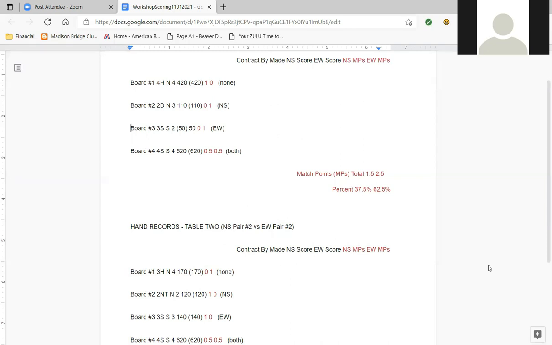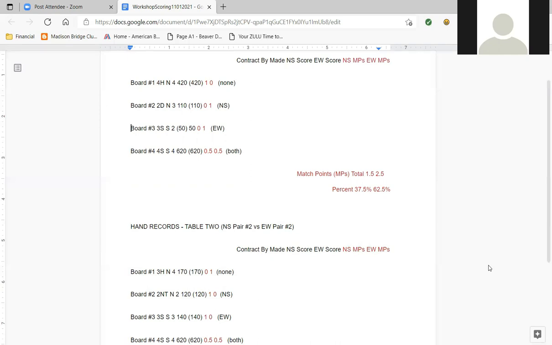Now let's look at East-West, okay? Which East-West got the best score? Well, table 1 had minus 420, right? Table 2 East-West had minus 170. Well, minus 170 isn't so hot, but it's a lot better than minus 420, right? East-West at table 2 gets a master point.